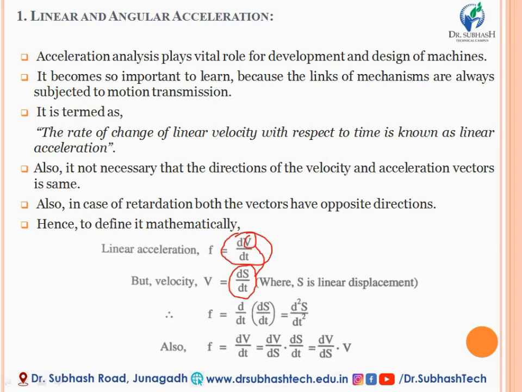Also you can find the acceleration equation in another manner: dv upon dt, and if you multiply and divide by the change in displacement, you get dv upon ds into ds upon dt, and ds upon dt is the linear velocity.